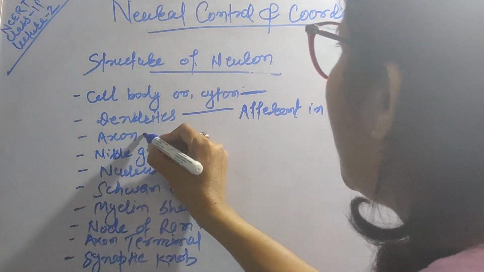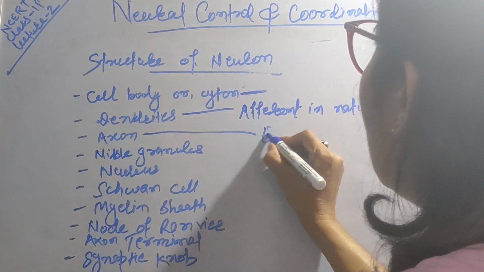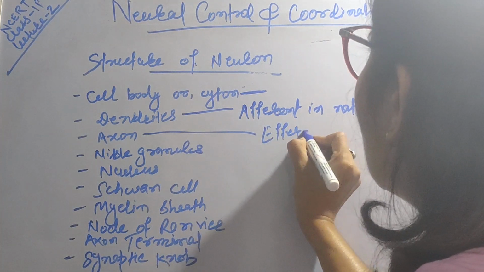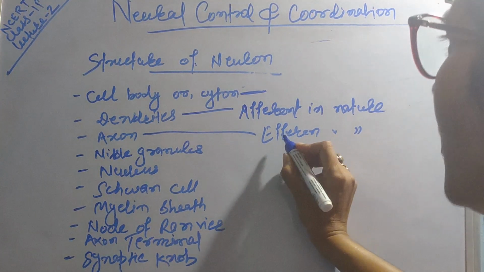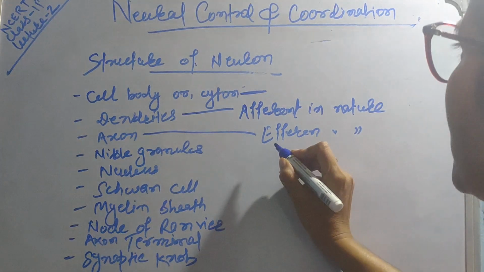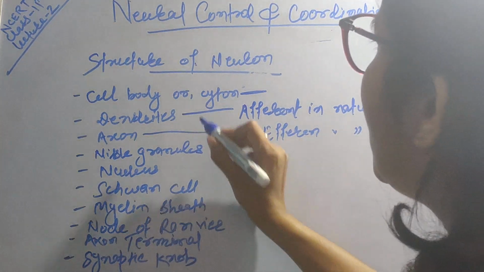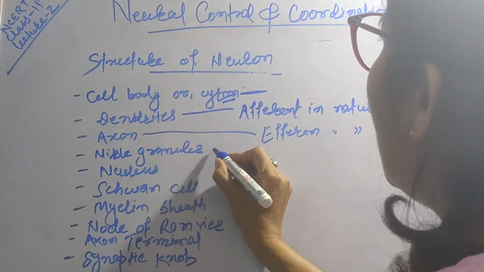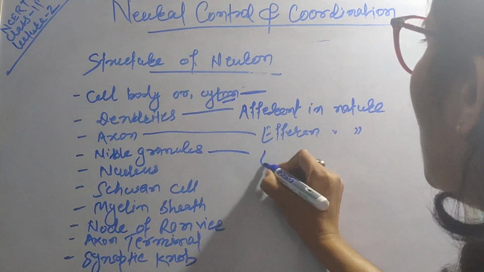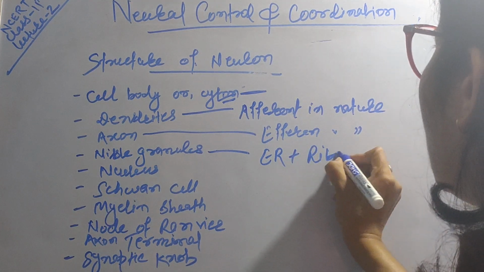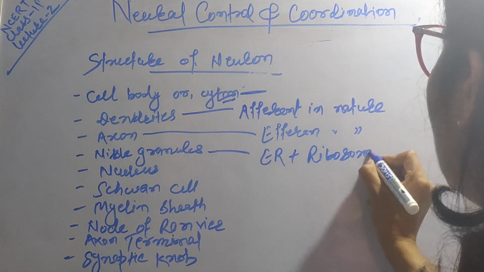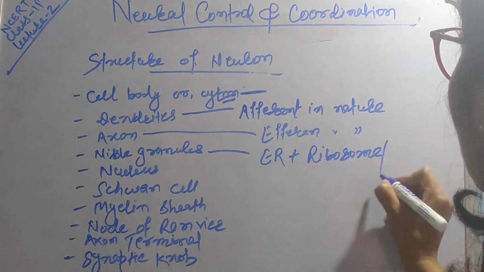This is the axon, efferent in nature, that is, it provides the signal to other cells outside from the cell body. Nissl granules are made up of endoplasmic reticulum plus ribosomes, and they help in protein synthesis.